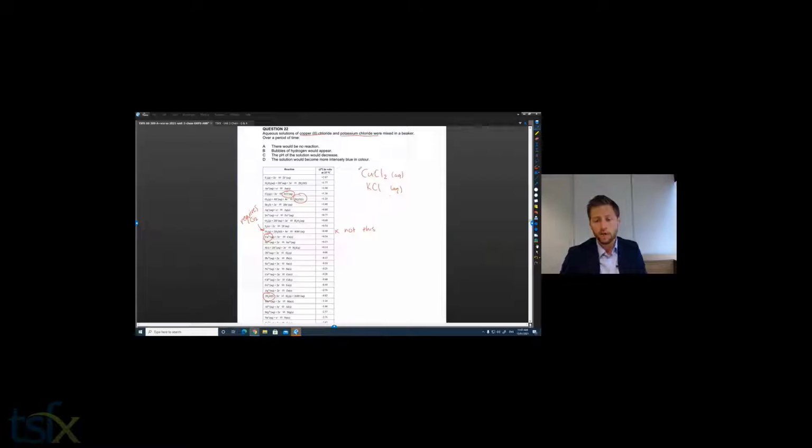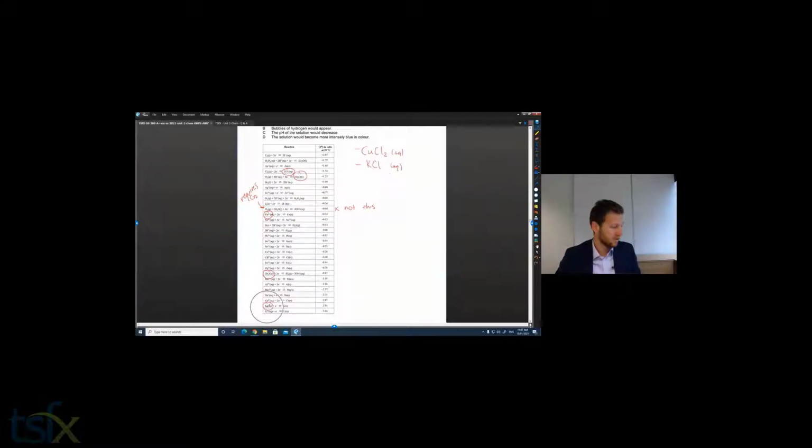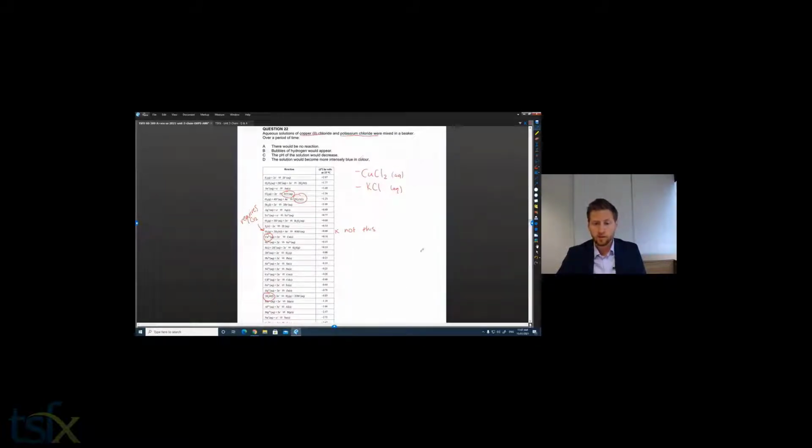So we've got copper chloride and potassium chloride. We've got chlorine ions up the top, water up the top, copper 2+, water down here, and potassium down here. Now we need to work out which of the following would happen over a period of time. Would you get a reaction occurring?